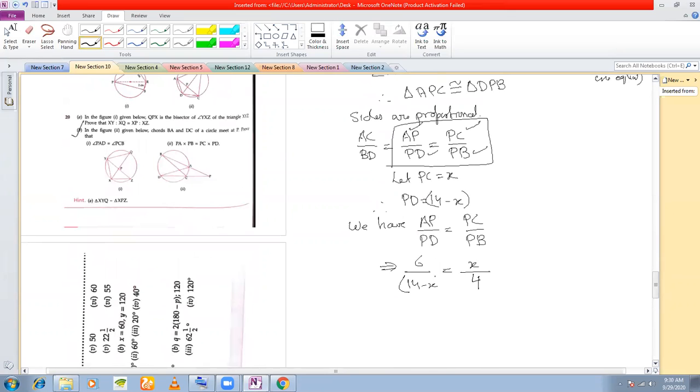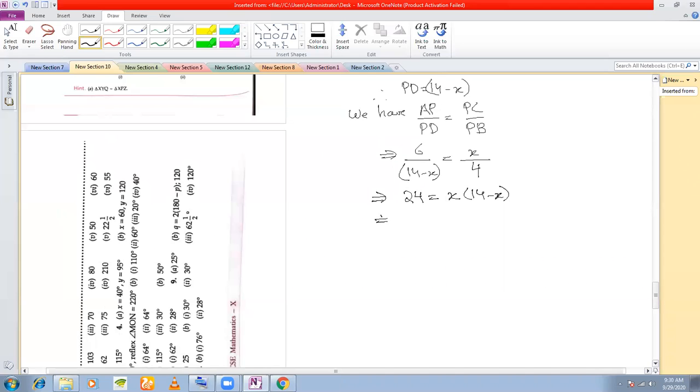We cross multiply and solve this equation to get your value of X. You're getting a quadratic: 14x minus x square. So this is x square minus 14x plus 24.